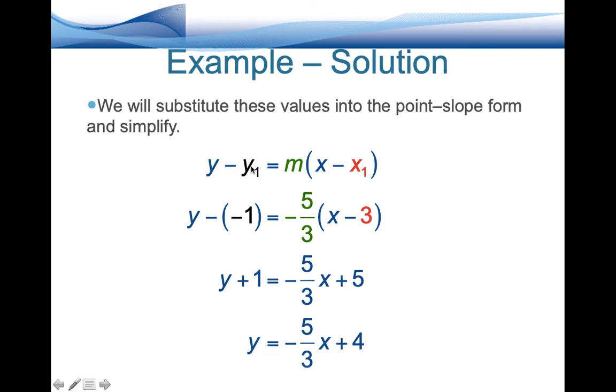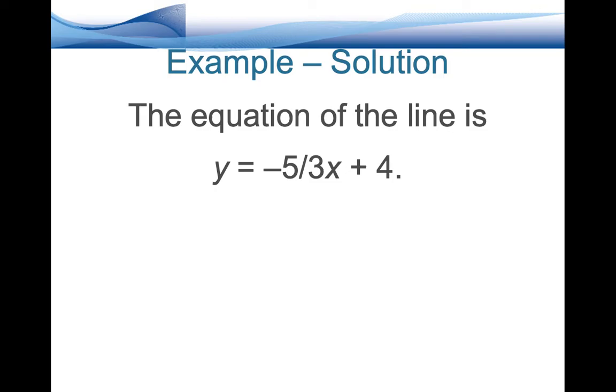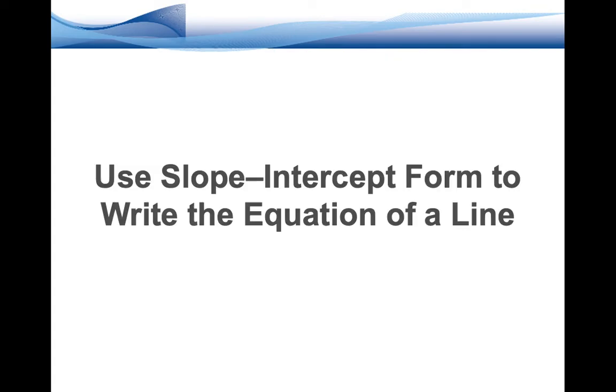So now I've converted from point-slope form to slope-intercept form. So the equation of the line is y equals negative 5 thirds x plus 4.